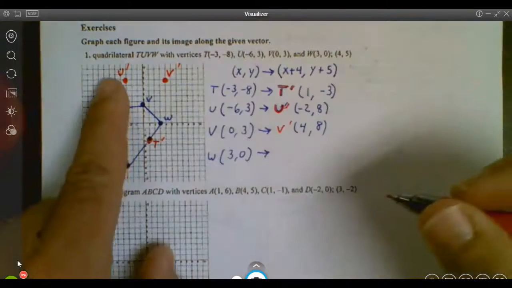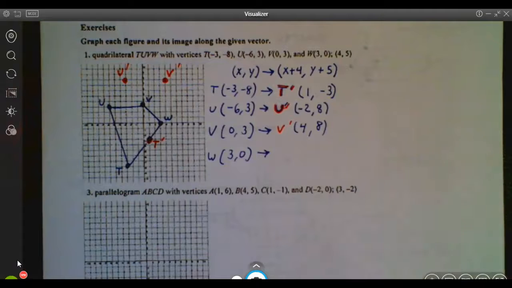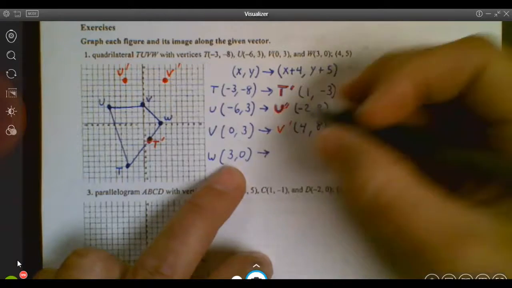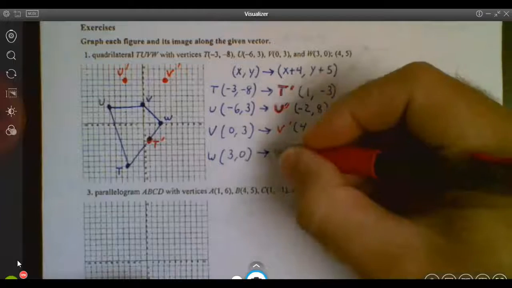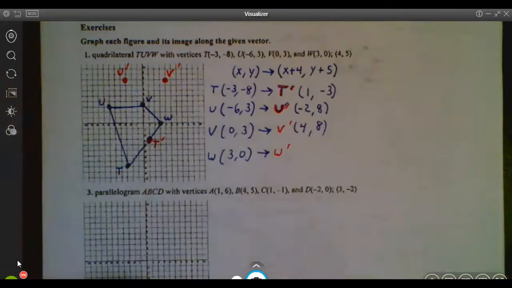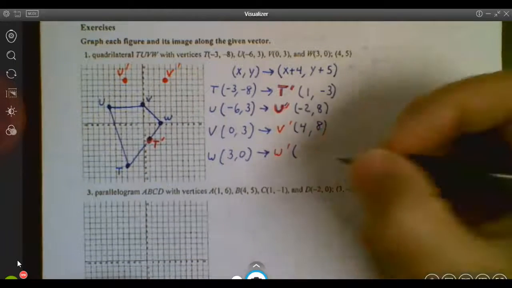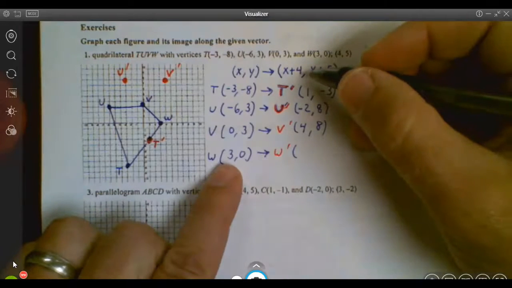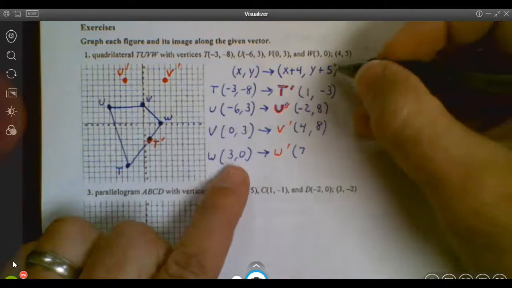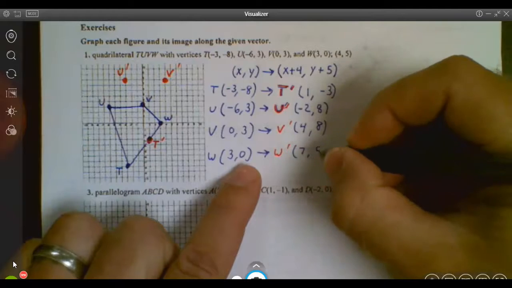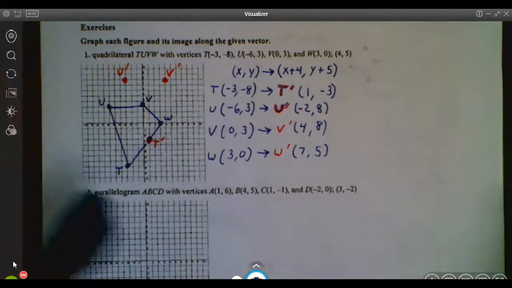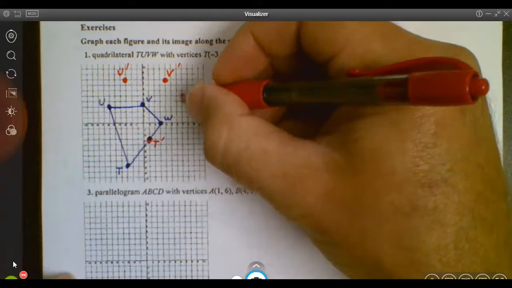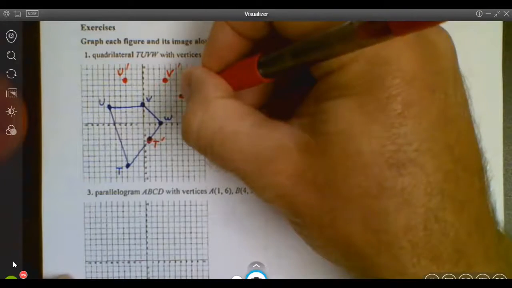I hate when they use U and V. It can be a little unclear if you don't try to make this super neat. And then the last point, W, is going to become W prime. So if I add 4 to my x, puts me up to 7. Add 5 to my y, puts me at 5. So 7, 5. And I'm looking at W prime.